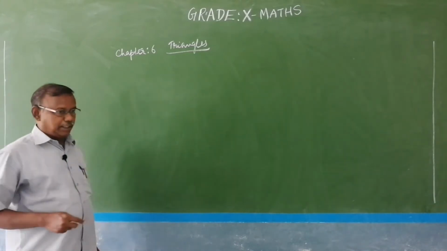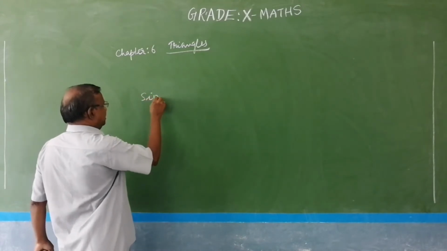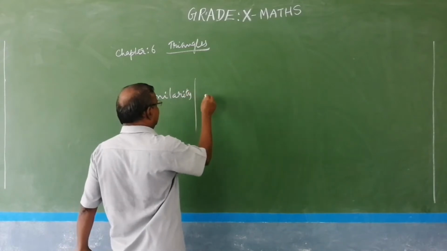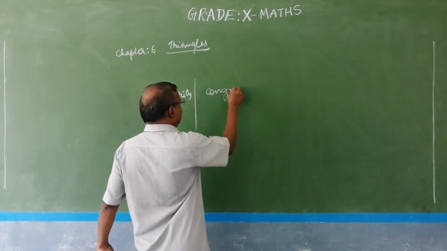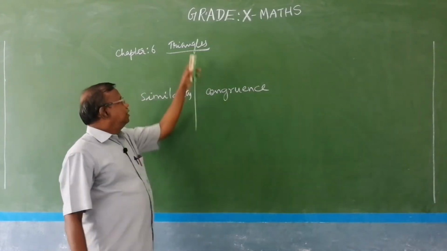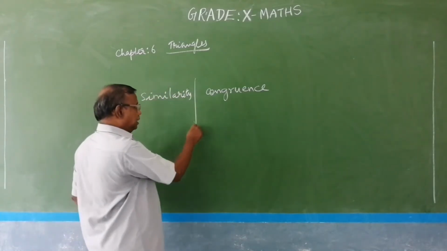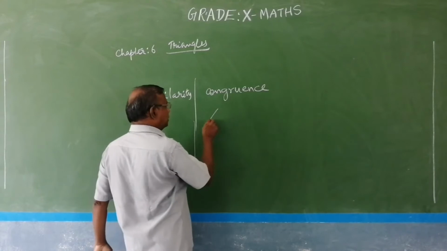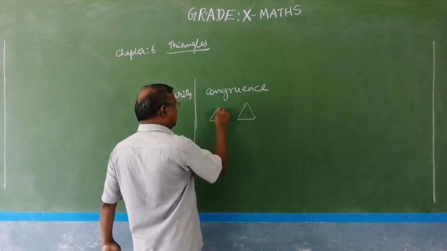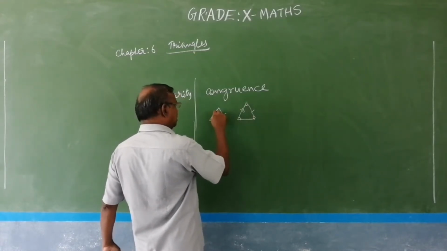Now there is a difference between similarity and congruence. Here we are going to study about triangles, so let us compare using triangles only. For the congruency of two triangles, we must know all the three angles are equal and all the three sides are equal.